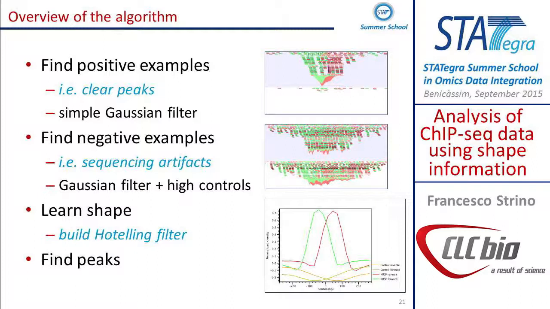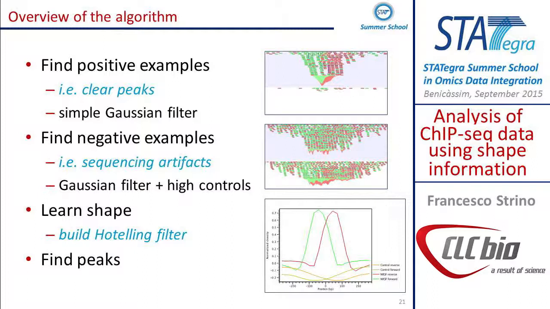So now we have things that we like. The next thing is things we don't like, and this will be negative examples. So this is a typical thing that we don't want, and that's pretty much why we do controls. This is a macrosatellite, and what will happen is that you will have a lot of reads mapping here because this sequence occurs thousands of times in the genome, so pretty much it gets very much amplified. And so in the experiment you have a lot of reads, but in the control you actually have even more.